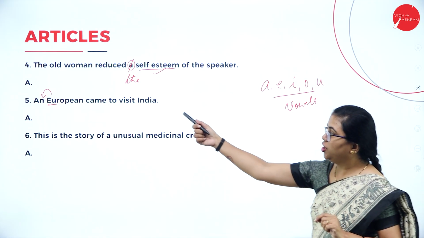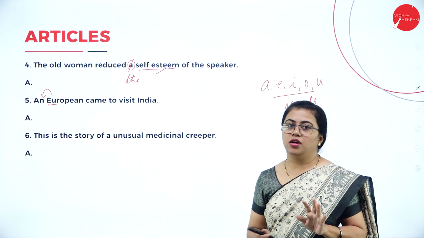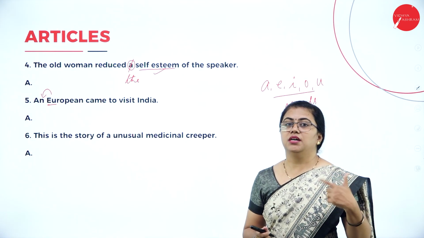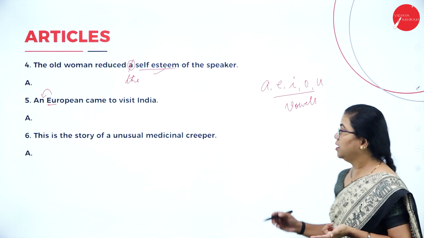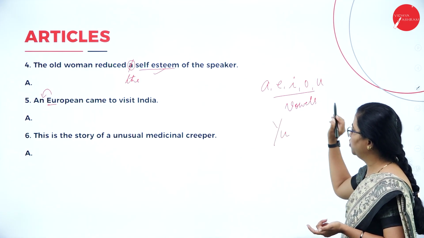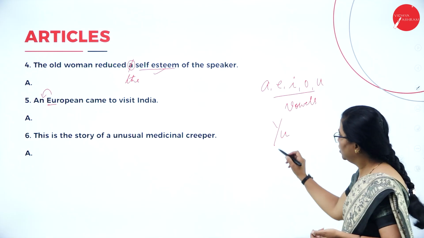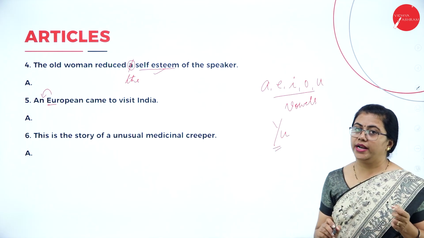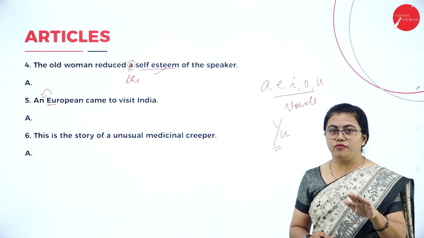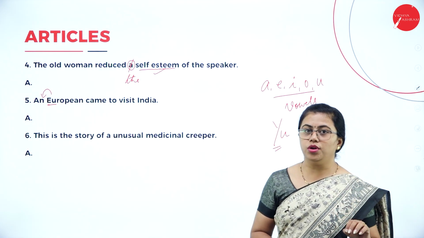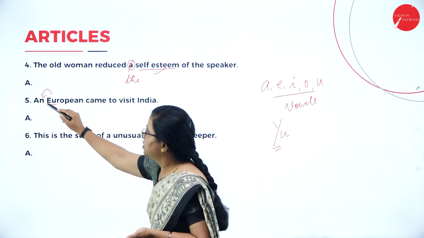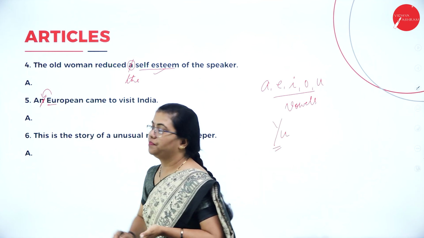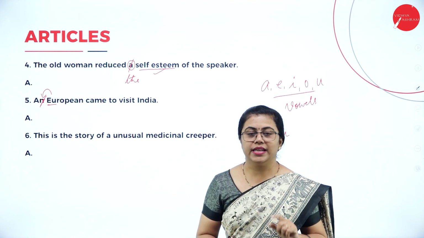Here European, E is a vowel only, but the pronunciation when you see, it is European. So you pronounce it as U, isn't it? So this is not a vowel sound, it's a consonant sound. So whenever you are using a noun with consonant sound, before that you have to use the indefinite article a. It's not an, it is a.